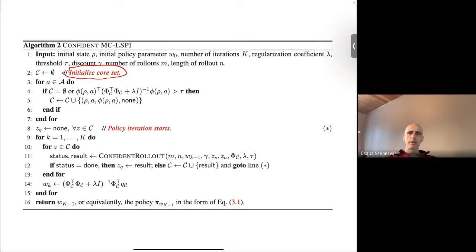So if you trust your features, you know the uncertainty level that you can expect. So this algorithm is going to have this tau tolerance level, that is the level of uncertainty that it is able to tolerate, and you need to choose the tau in some way to run the algorithm. So that becomes another hyperparameter.